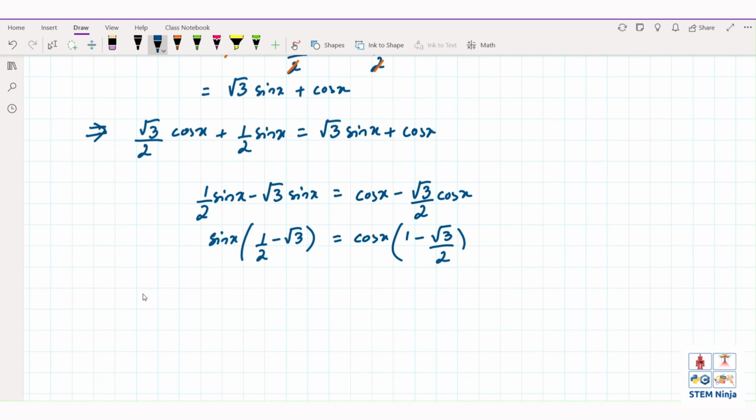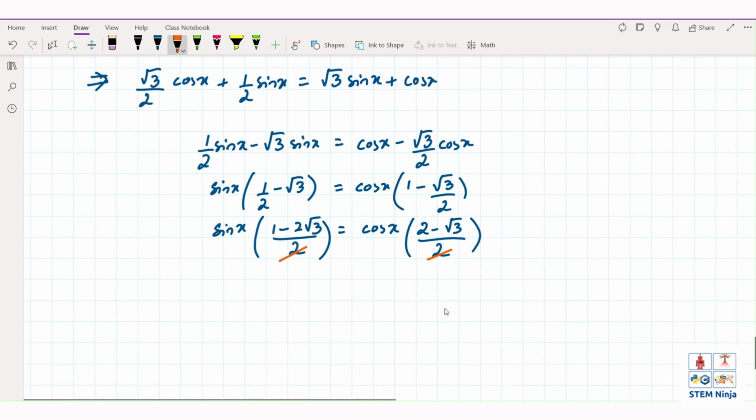What we can do is make the denominators the same. Sine x times 1 minus 2 root 3 over 2 equals cos of x times 2 minus root 3 over 2. Now, since these are factors, we can cancel out this 2 with this 2.